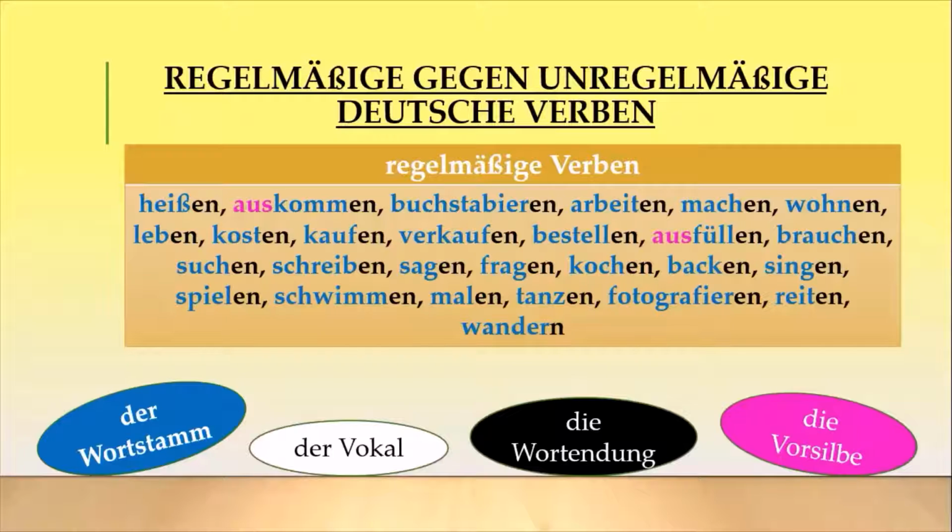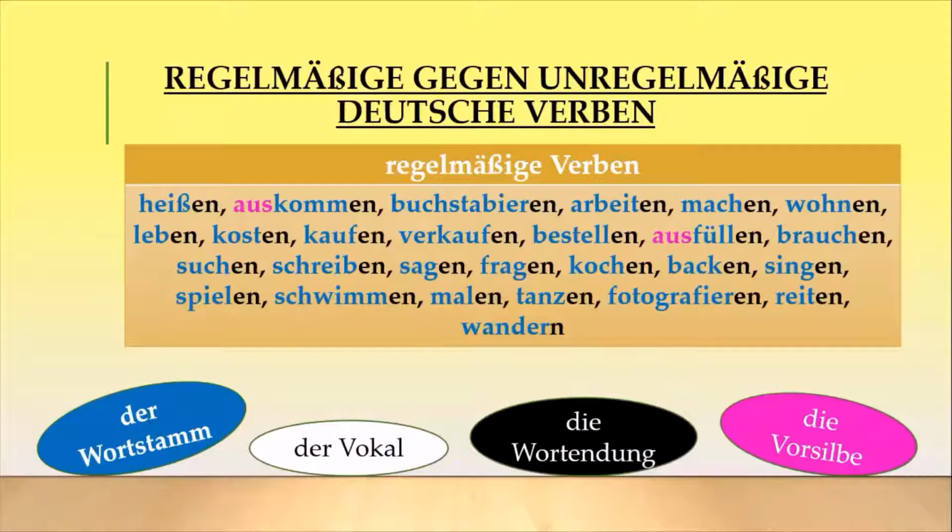And verbs that have prefixes like aus, but there are other prefix verbs in German language also. But when we conjugate such verbs, then this prefix comes to the end of the verb when the verb is conjugated. Check out my tutorial 6 and tutorial 13 for these two verbs, auskommen and ausfüllen, which I have conjugated for you in those tutorials.